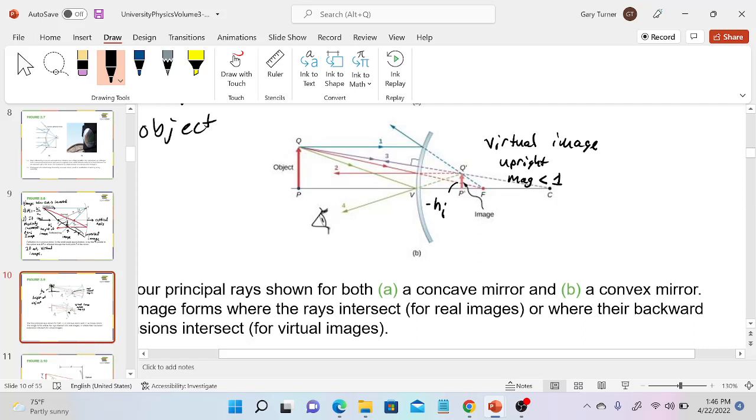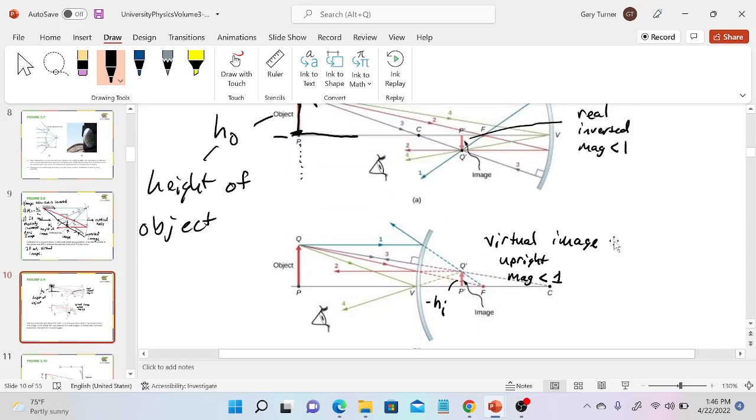Mirrors have a formula. And that formula is, if I let my position of my object be P, as measured from the mirror, okay, so P is going to be this entire length. C is the center of curvature.